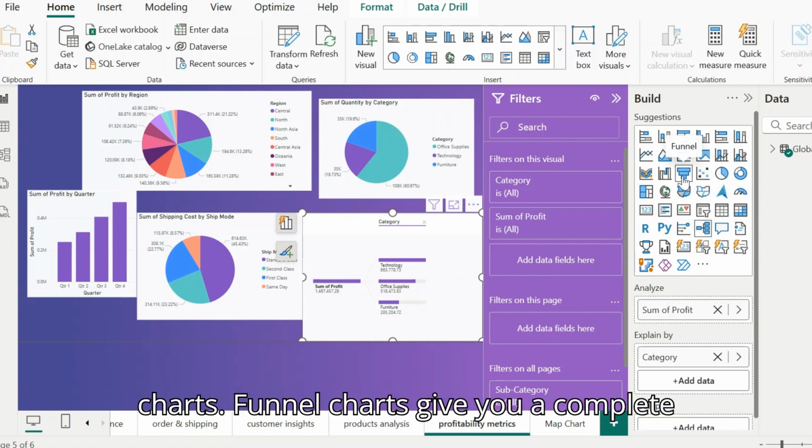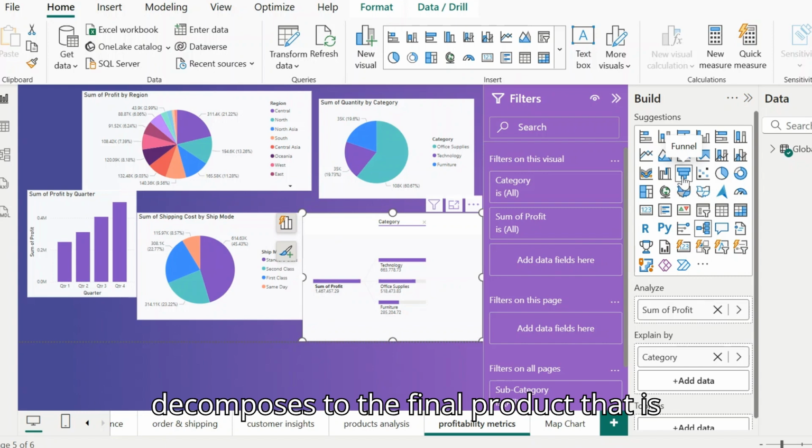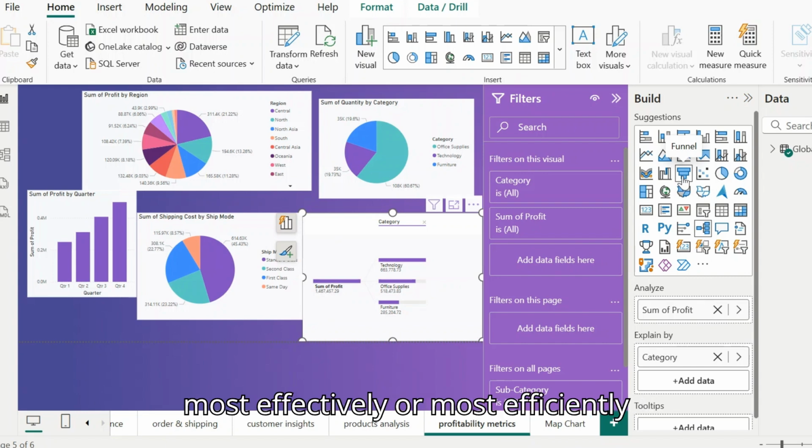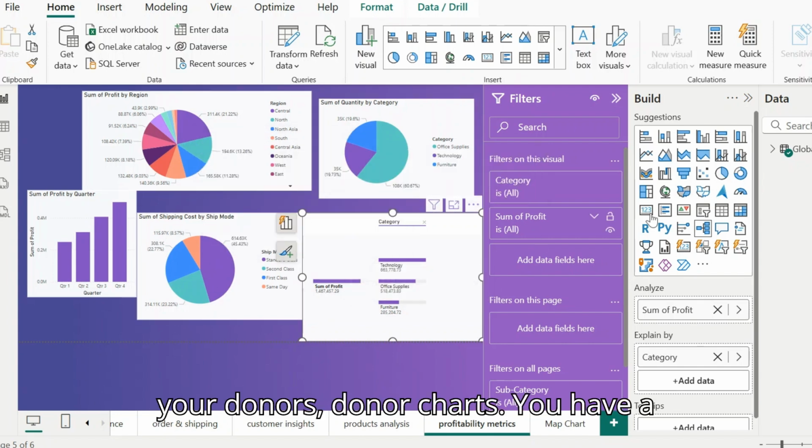Then there are funnel charts. Funnel charts give you a complete story, starting from one category and profits, it decomposes to the final product that is working most effectively or most efficiently in the specific region or specific category. You can also use different charts like pie charts or donut charts.